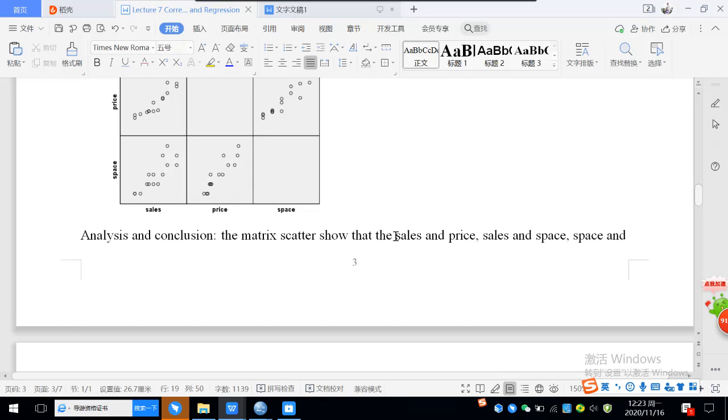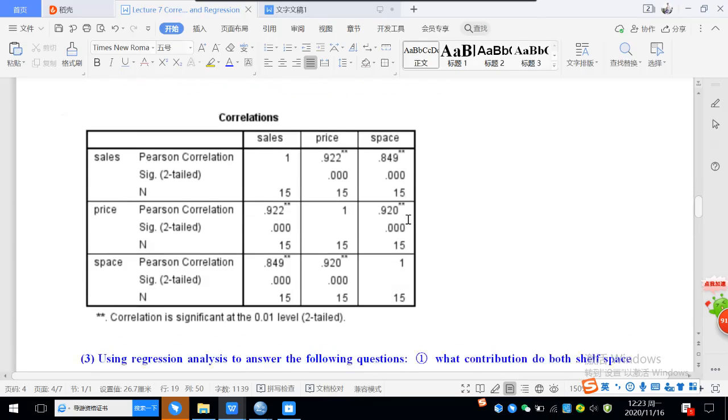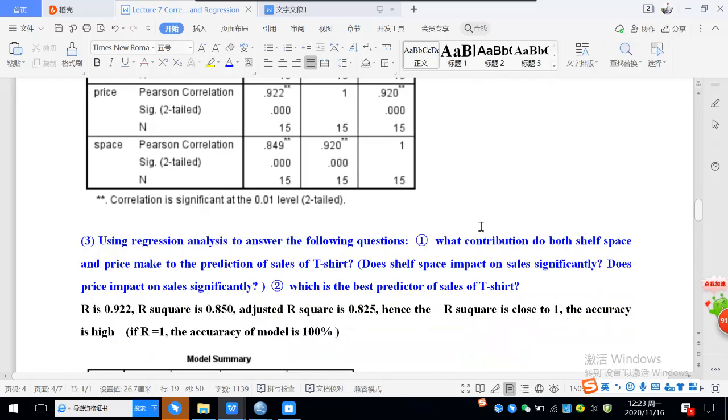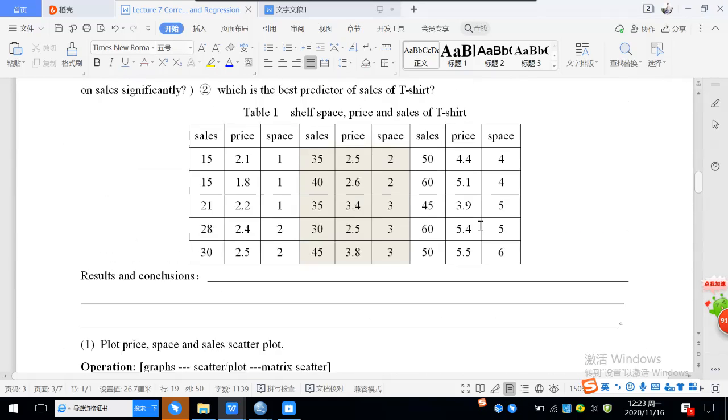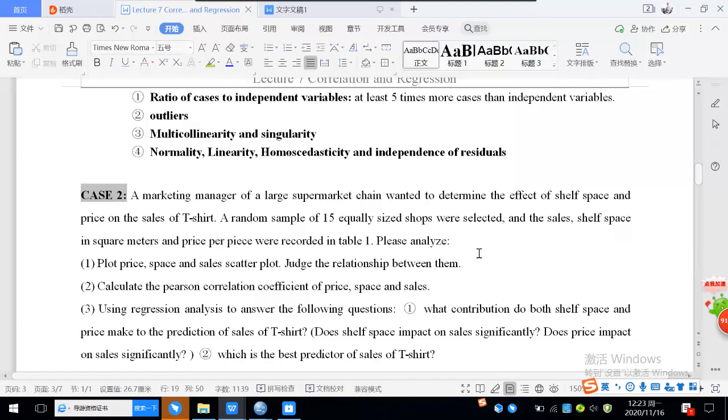Okay, we will continue the linear regression, the multiple regression. I think I need to repeat this part.